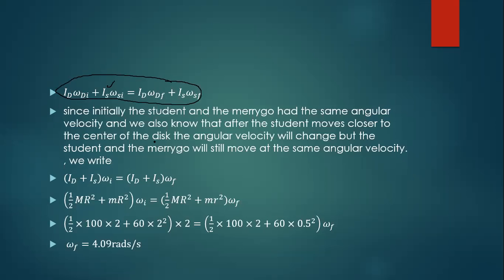Now, initially the student and the merry-go-round had the same angular velocity. After the student moves closer to the center of the disk, the angular velocity will change, but the student and the merry-go-round will still move at the same angular velocity. What am I saying?